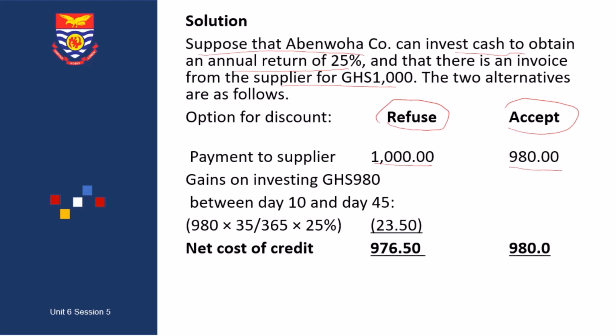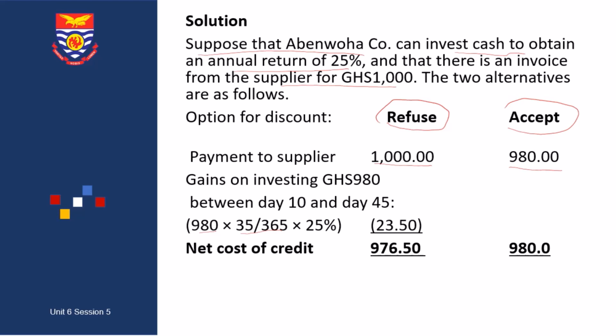So the gain on investing the 980 between 10 and 45 days. You could have just invested the amount. The gain is going to be the 980 times 35 over 365, because it's 35 days.